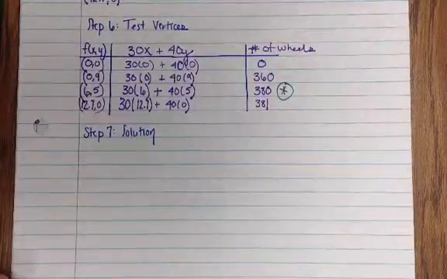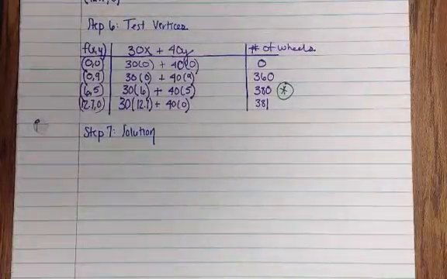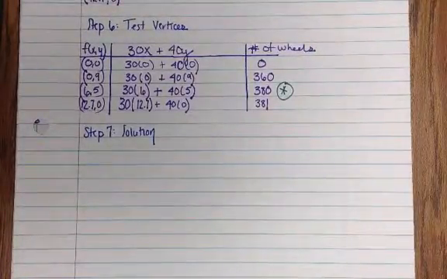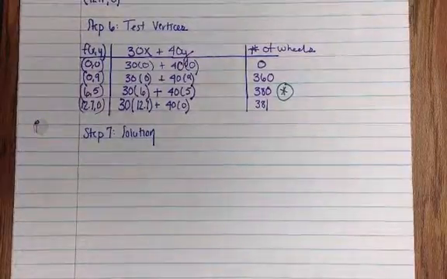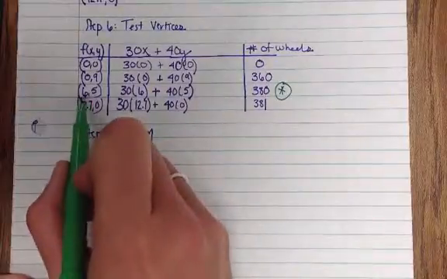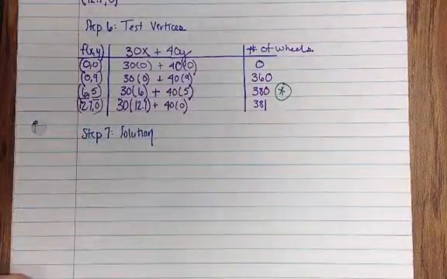So step number 7 is the solution. So we want to determine what is the minimum number of hours it needs to produce this amount of steering wheels. Well, we know that x is equal to 6 and y is equal to 5.